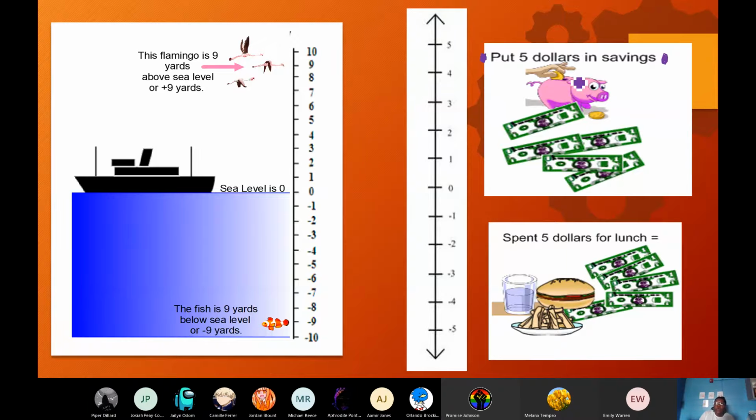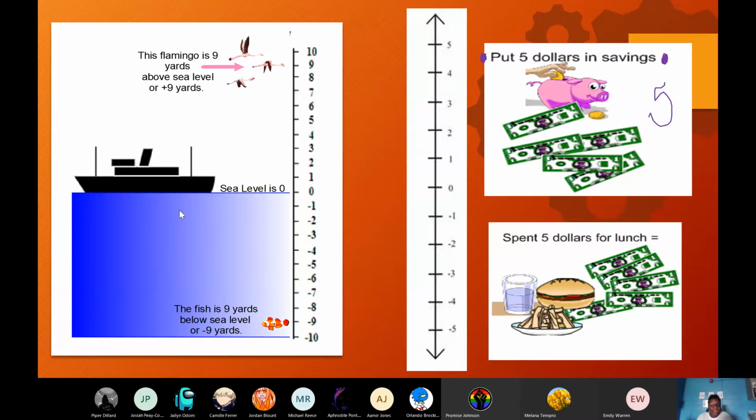Very good. So what 5 would this represent? Would it be the positive 5 or our negative 5? What say you guys? Positive 5. Very good. Okay, and so we would represent that integer there as a positive 5.